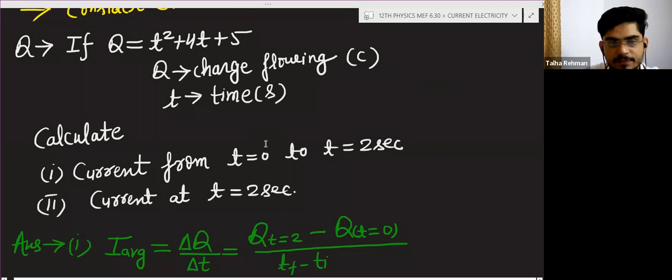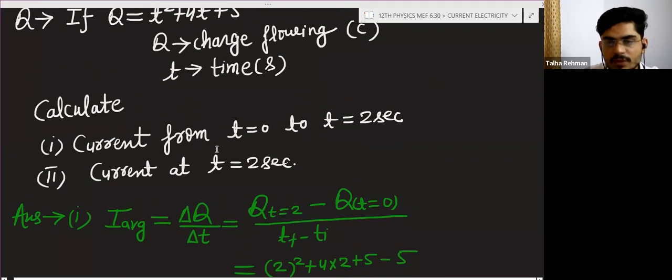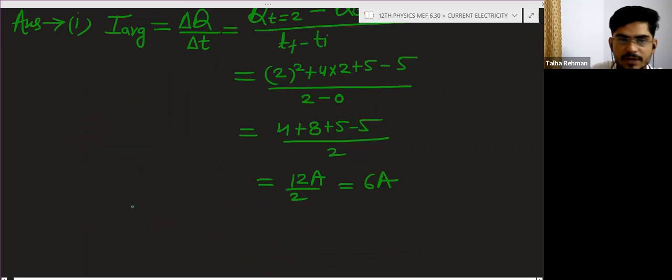So second part. For the second part, we have to calculate the current at t is equal to 2 seconds. So here they are asking instantaneous current at t is equal to 2 seconds.